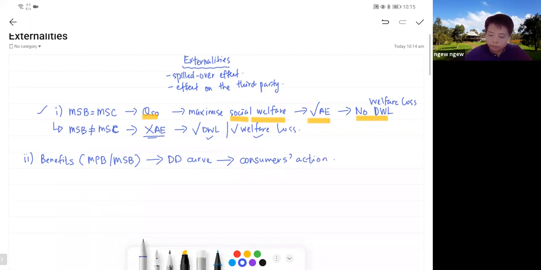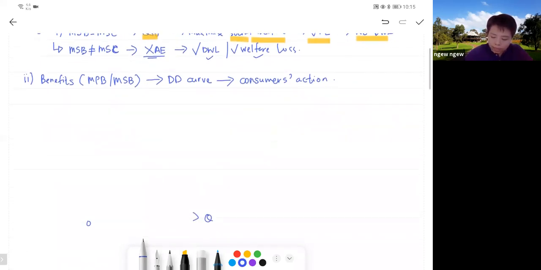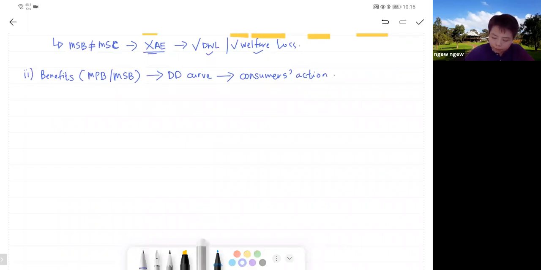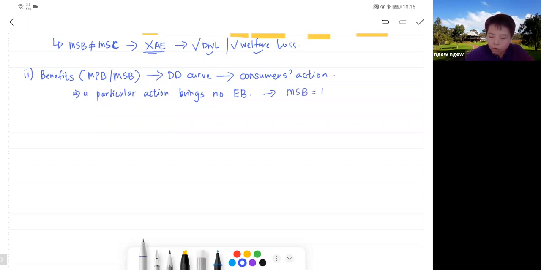So now, if I tell you a statement whereby a particular action brings no external benefit, then you will need to know that your MSB equals your marginal private benefit, because there's no externality incurred from this action.